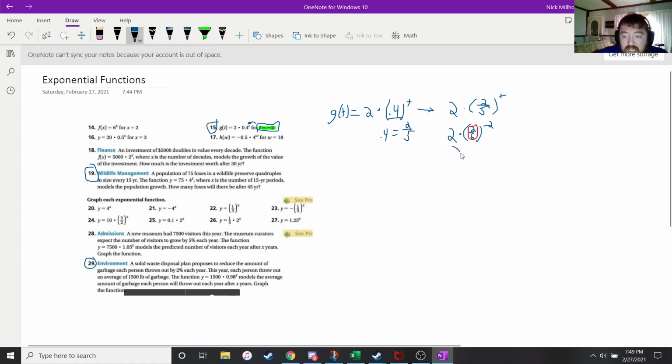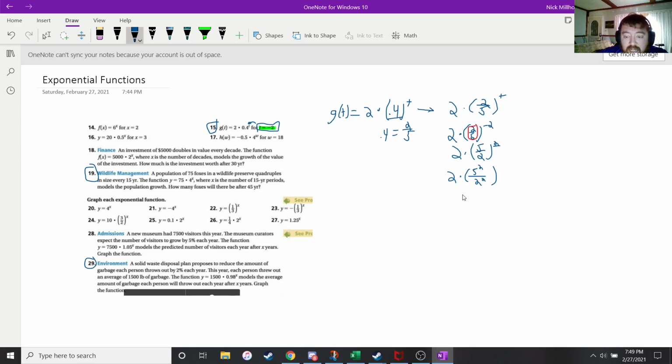And what we got is 2 times 5 over 2 squared. Now, I'm going to distribute the squared to each of these. It's going to become 2 times 5 squared over 2 squared.